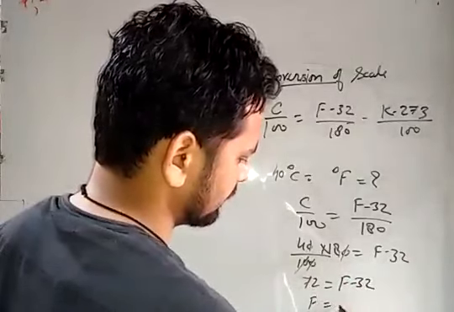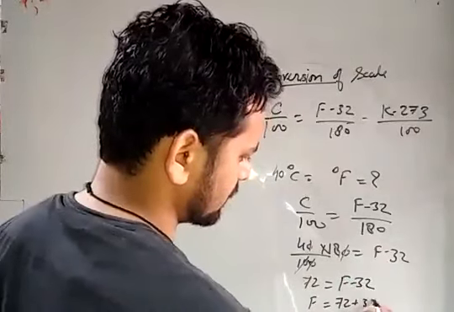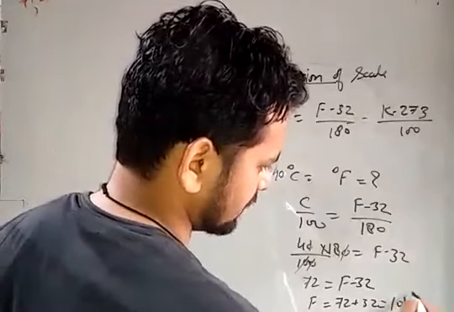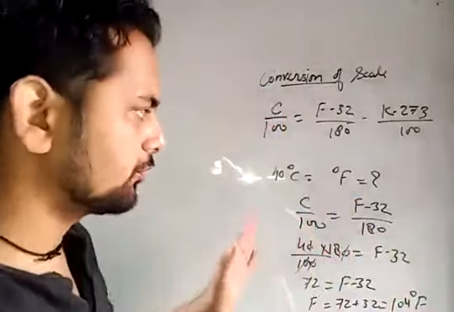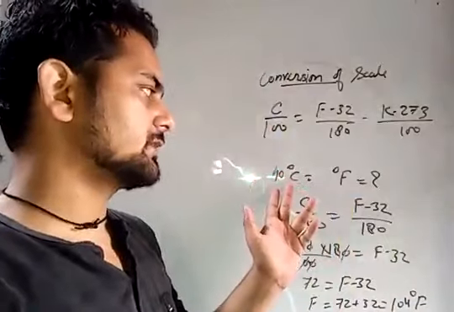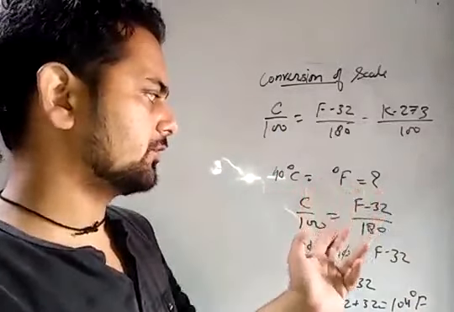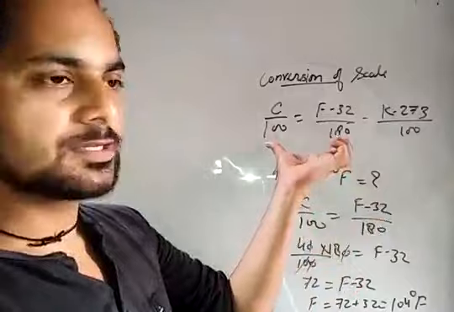F equals 72 plus 32 equals 104 degrees. This is the answer. If you have the Celsius value, you can find the Fahrenheit using the relation between them.